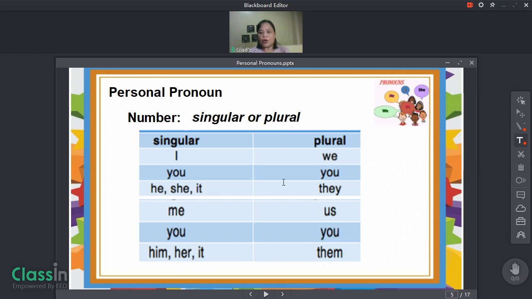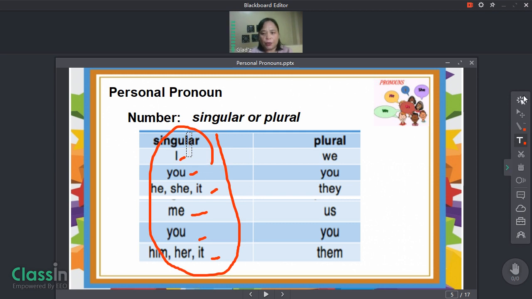So we have here the singular personal pronouns: I, you, he, she, it, me, you, him, her, it. Those pronouns under this column are singular, which means referring to only one.